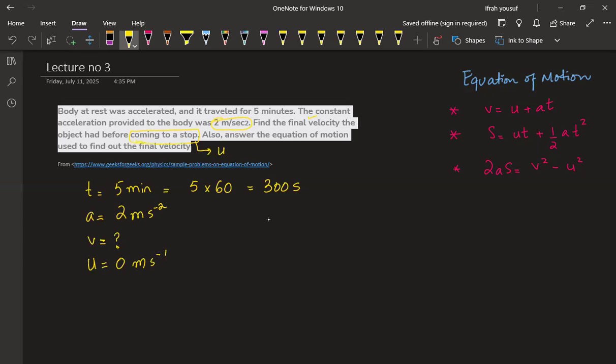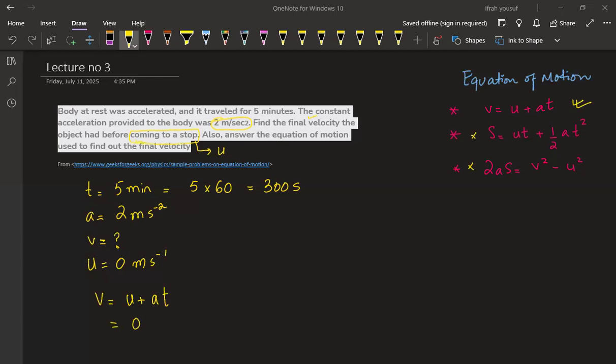Also answer which equation of motion is used to find the final velocity. Do we have any distance given in the question? No, so we can't use this one and this one. We can go with the first one: v = u + at, where u is given as 0.